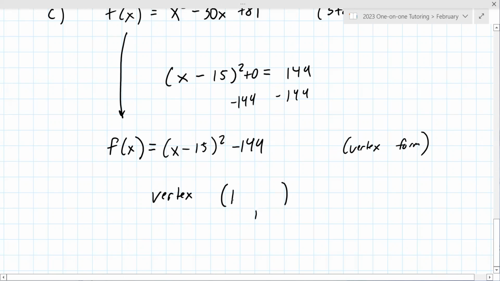So it's positive 15. And for the one on the outside, it's exactly what it is. Same number there. This tells you the transformations. It tells you right 15. The first number is left or right. And then the 144, since it's negative, it's down 144.